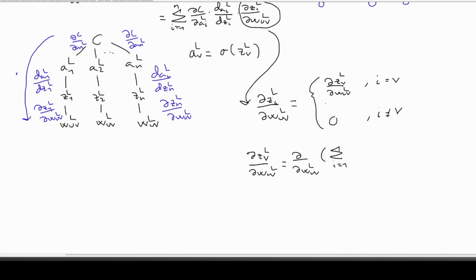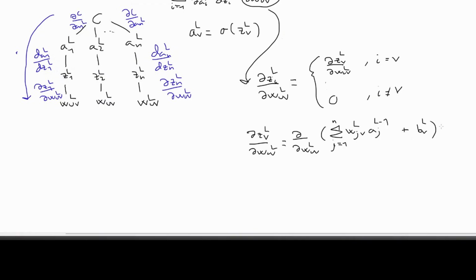And since we already used i in a previous summation, let's just use j here. So j goes from 1 to n of the weight from j to v multiplied by the activation of the jth node in the previous layer, plus some bias term at the vth neuron.